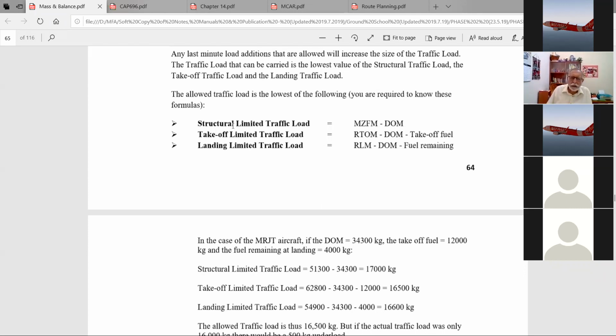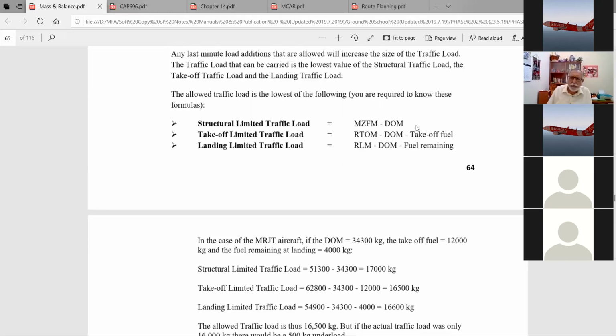Lowest of structural limited traffic load, takeoff limited traffic load, landing limited traffic load. How do you calculate structural limited traffic load? Zero fuel mass minus DOM. And takeoff limited traffic load is RTOM minus DOM minus takeoff fuel. And regulated landing mass minus DOM minus remaining fuel.